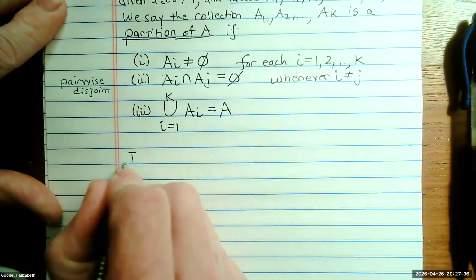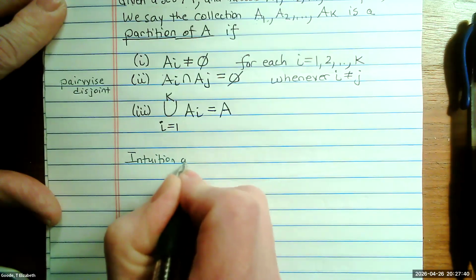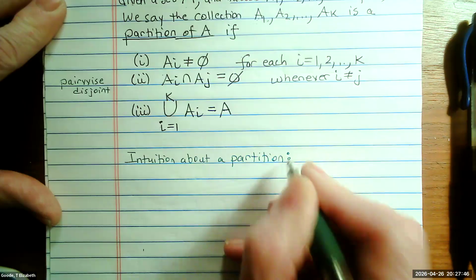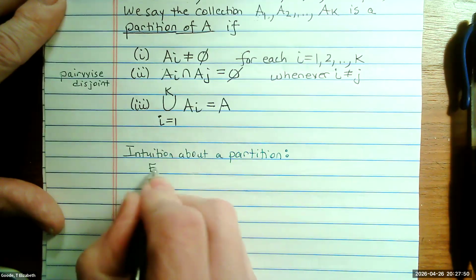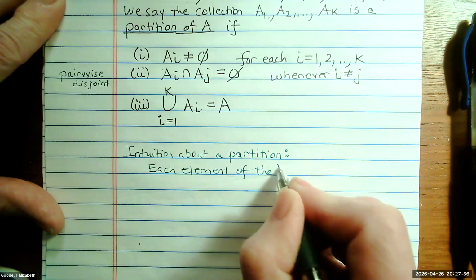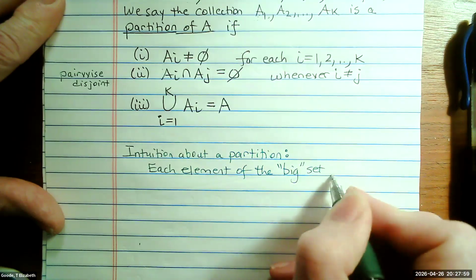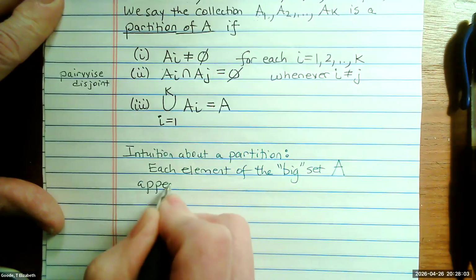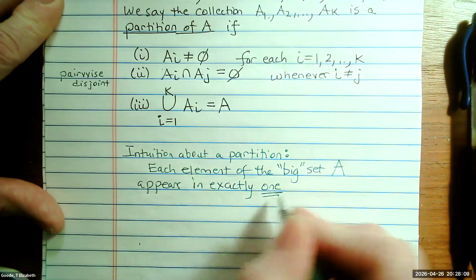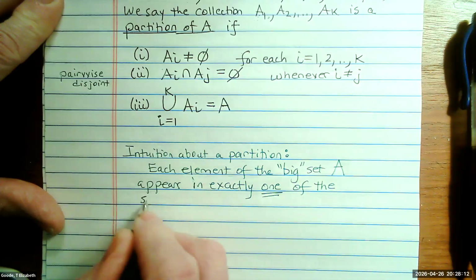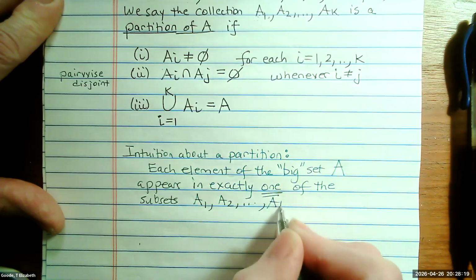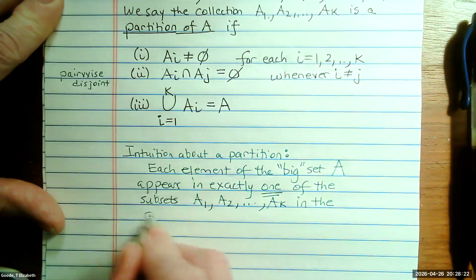In other words, if you want to try to get an intuition about a partition, the best intuition is each element of the big set A appears in exactly one of the subsets A1, A2, A sub k in the partitioning collection.